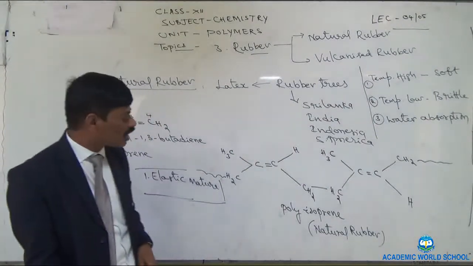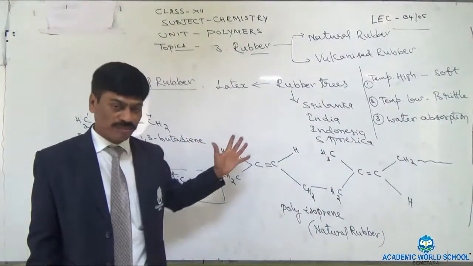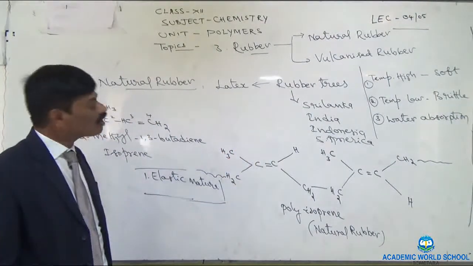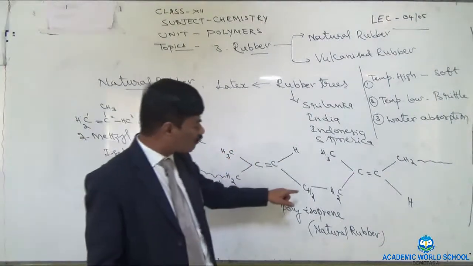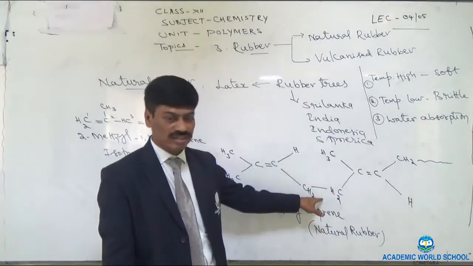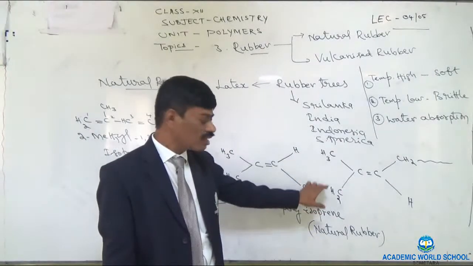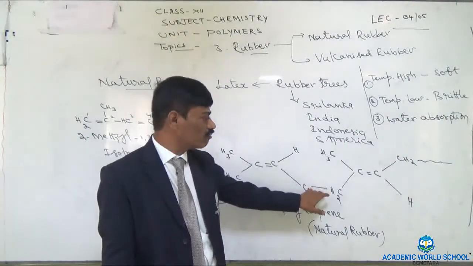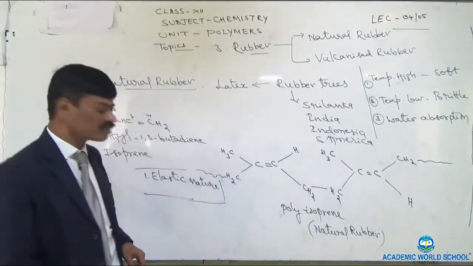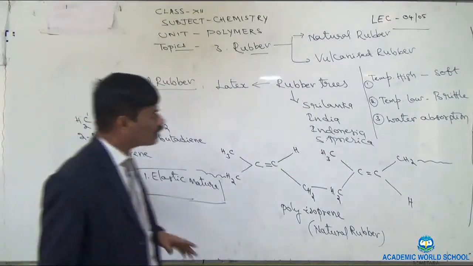And structure of that natural rubber is this. This natural rubber has very weak bonds between the two methylene groups of isoprene units. Because of that very, very weak van der Waals attractive force, that substance exhibits elasticity or has elastic nature.